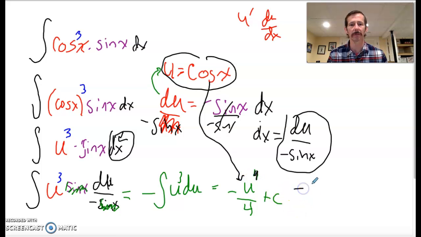So this would be negative, and I'll put it in parentheses again, cosine x to the 4th, all over 4 plus c. Or you could write that as negative cosine to the 4th x over 4 plus c, or you could put a 1/4 out in front, it doesn't matter, but there you go.